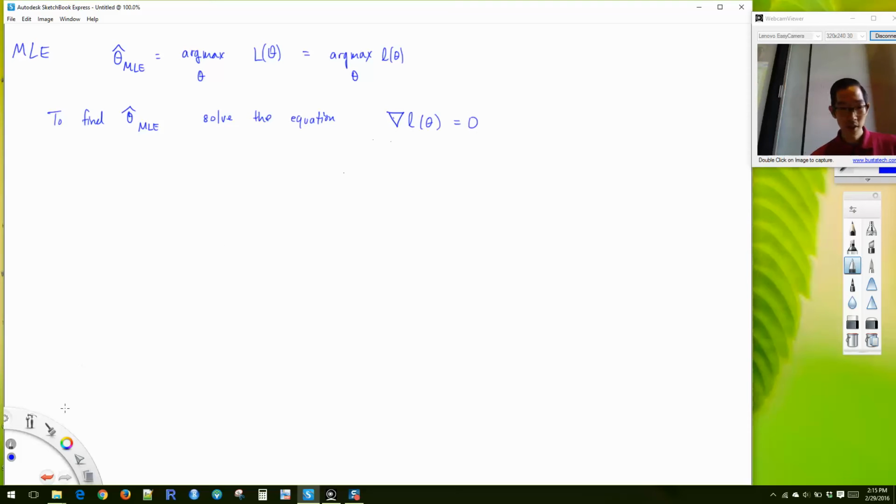This is called the score equation. Just like in one-dimensional calculus, we're going to find where the derivative is equal to 0. Where the derivative is equal to 0 will be our critical points. Could be a maximum or a minimum, hoping it's a maximum.